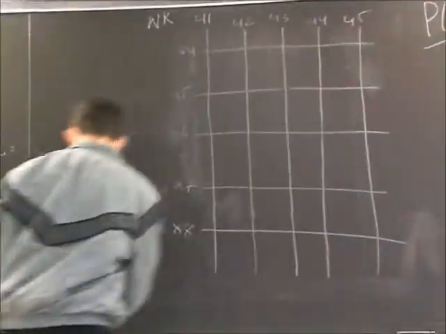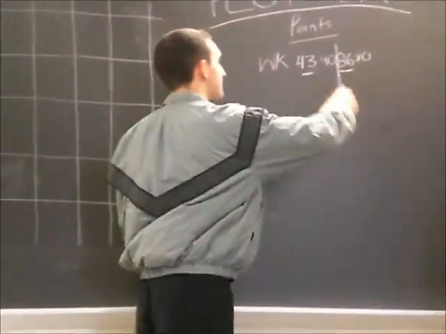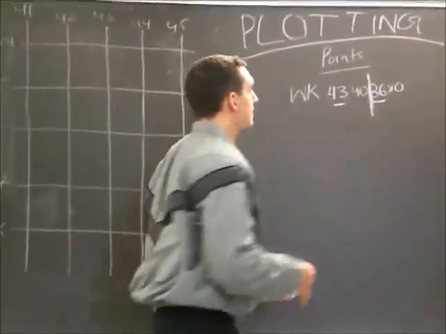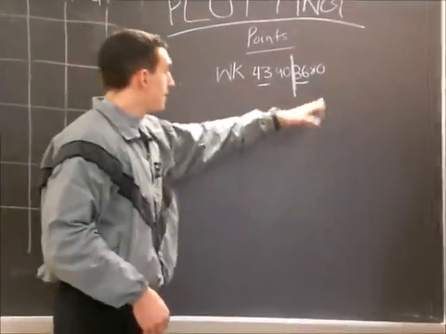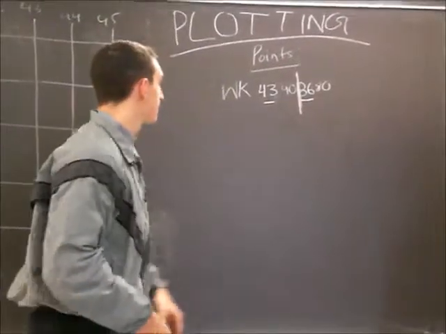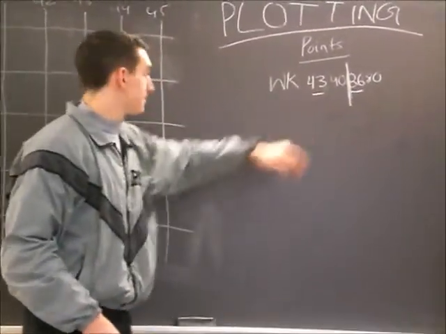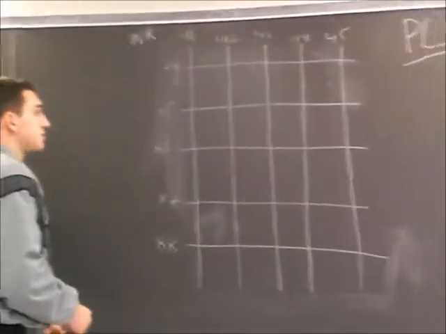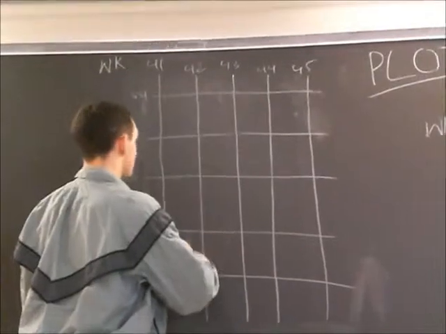The easiest thing to do when plotting is to take your digits and divide them in half, because this is going to be your horizontal, and this side's going to be your vertical. So in this case, we're given 43 as our first number. So we're going to go to our horizontal and go over to 43.